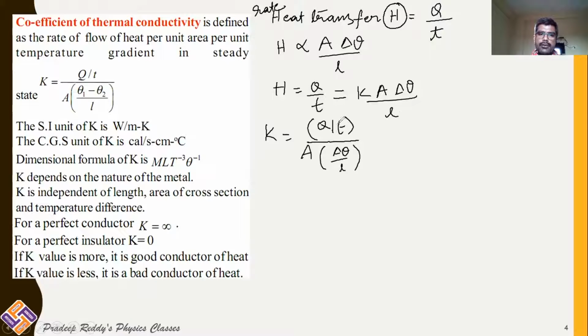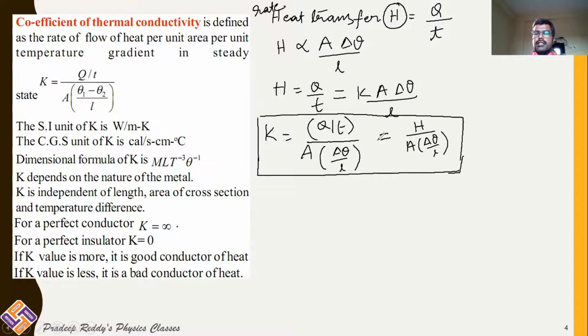In the numerator it is Q by T. I can just replace this with H. So thermal conductivity K is H divided by A into delta theta divided by L. This is the equation for thermal conductivity.